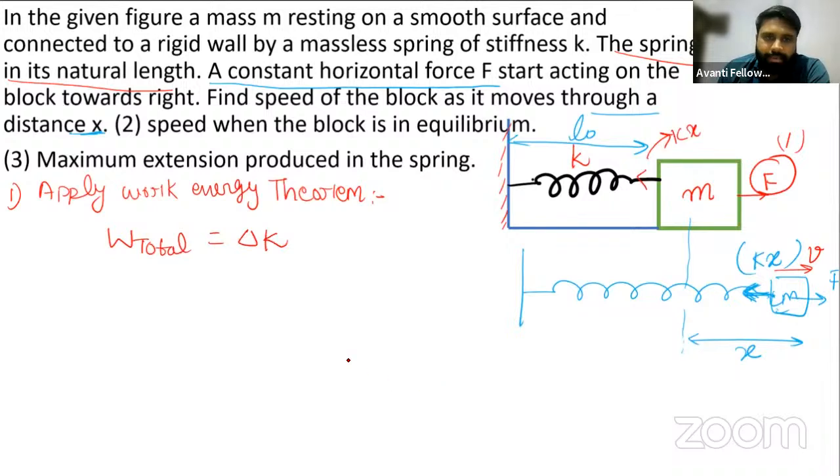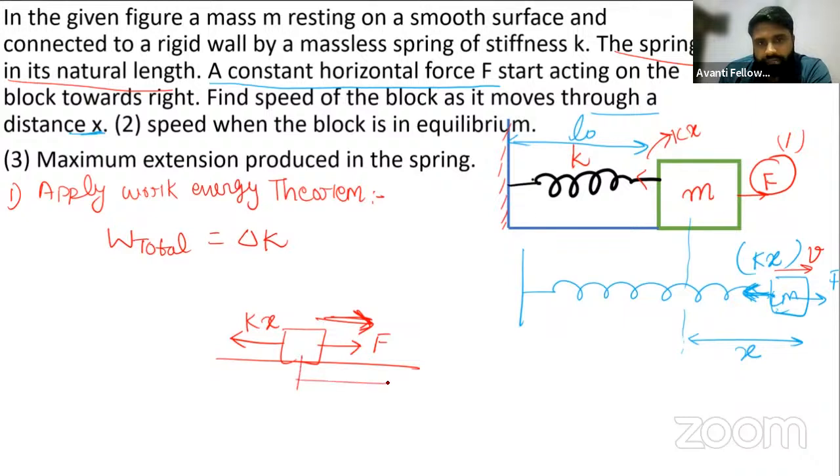Okay. Now, if you will see, the block is moving in this direction, in right direction. But the spring force is acting in left direction, opposite to the displacement. And this force F is exactly acting in the direction of displacement. So it has displaced to a value of x.